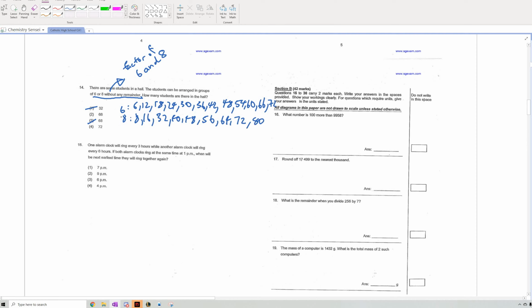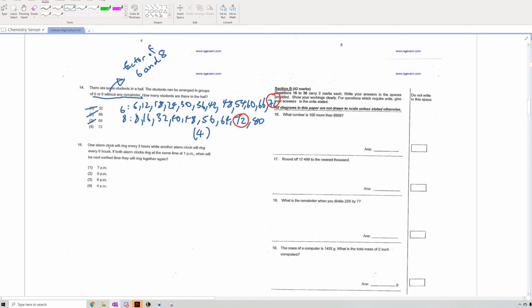Just by scanning through the multiples of 8, we know that option 2 cannot be the answer because 66 is not a multiple of 8. Then that leaves us with the number 72. As 72 appears in both the multiples of 6 and 8, this means that 72 has the factor of 6 and 8. Thus, the correct answer is option 4.